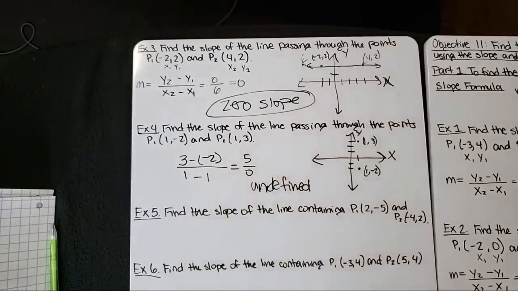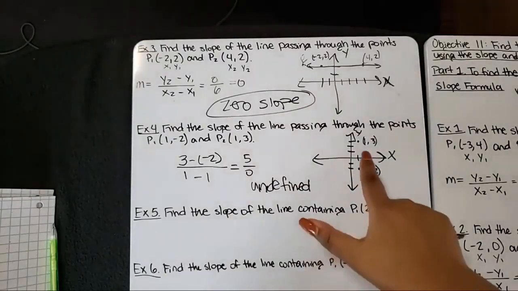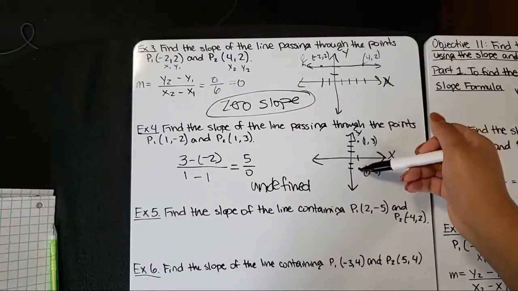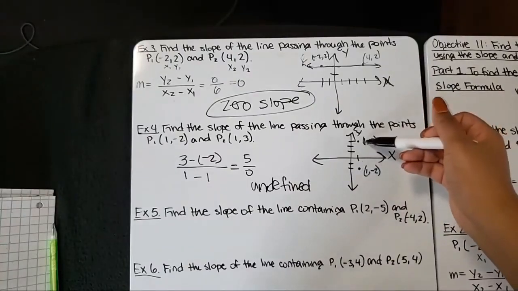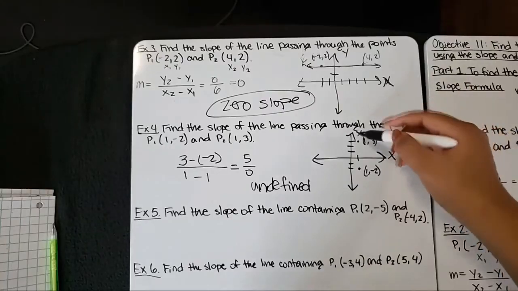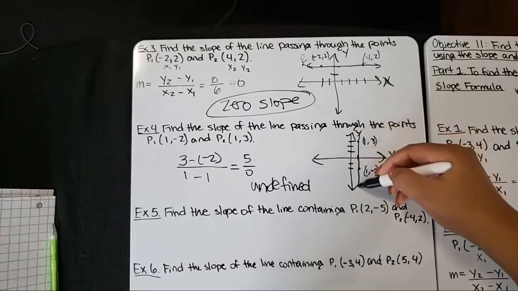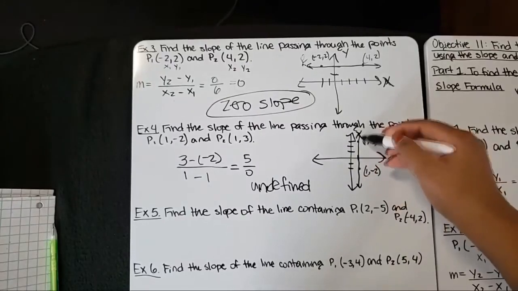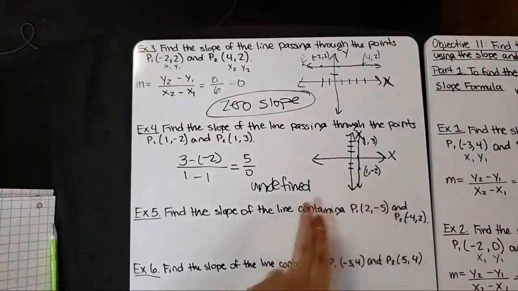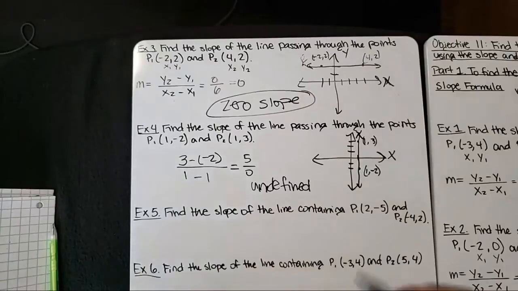Undefined, all right? So here in the graph, I plotted 1, -2, and I plotted 1, 3. So if I connect these, it's a vertical line, okay? So a vertical line is undefined, all right?